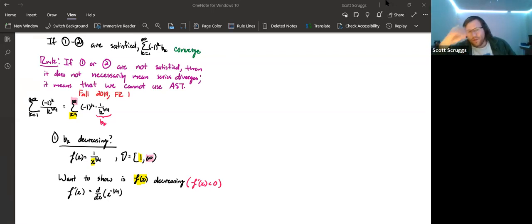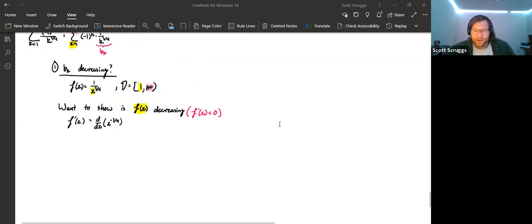I'm moving the 3/4 power to the numerator on purpose because that means it becomes a power rule problem, not a quotient rule problem.